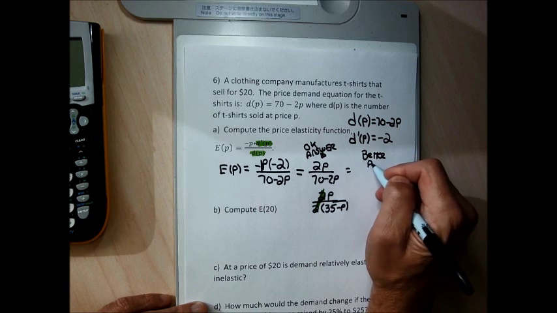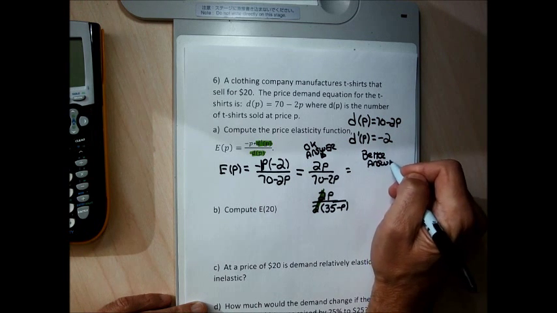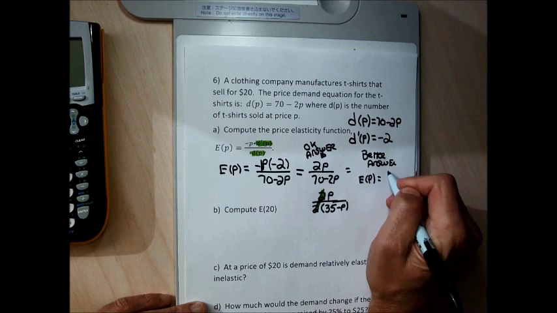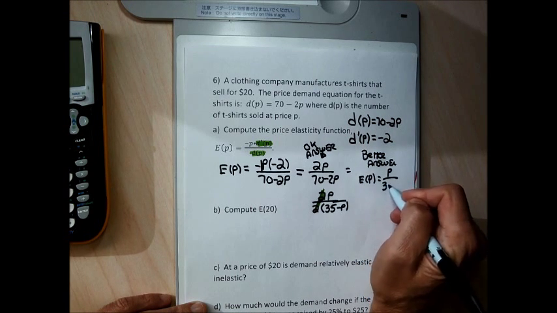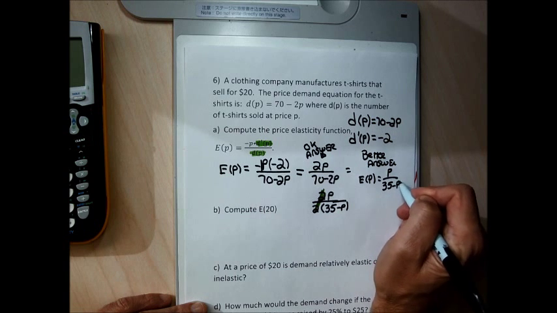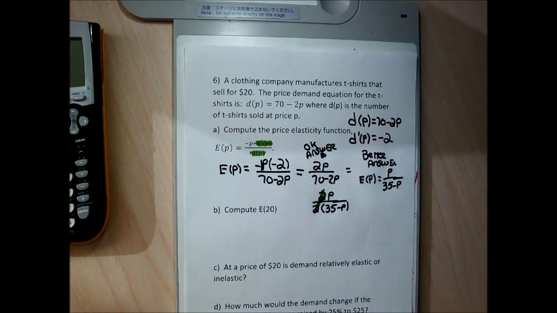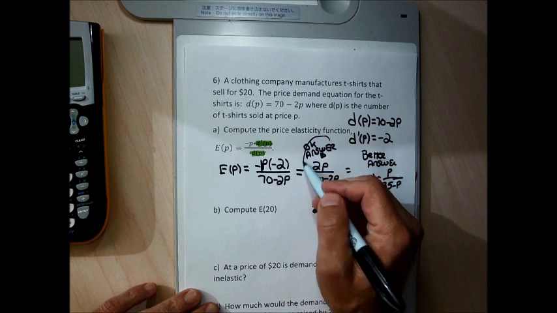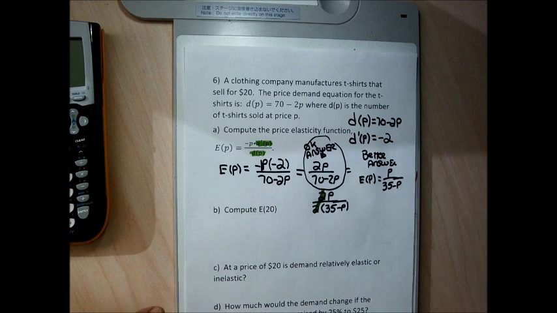So for part A, the better answer would be the price elasticity function is p over 35 minus p. It's likely that the problem that we get on the test probably won't even be able to factor and cancel. If you missed the factoring and canceling and gave me this, I'd give you full credit. So done with part A.